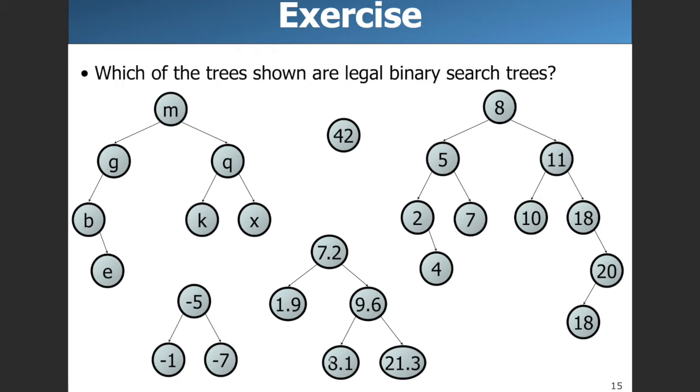Also, it has two children, 8.1 and 21.3. 8 is less than 9 and 21 is greater than 9. So this is a good tree. This is legal.